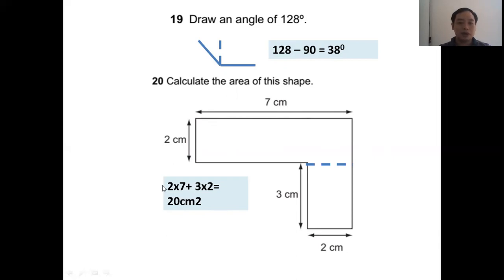So the area will be 2 multiplied by 7 plus 3 multiplied by 2, equals 14 plus 6, which is equal to 20 centimeters squared. Now remember, it is centimeters squared because you have centimeters multiplied by centimeters.